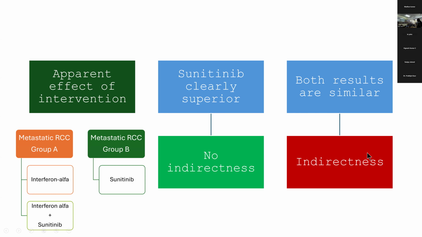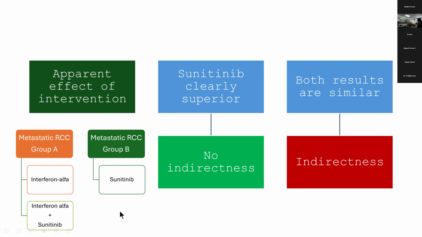Now, another thing to understand is what is the apparent effect of the intervention? Suppose in this group and in this group, you find that the overall effect is the same. Both results are similar, then you must downgrade for indirectness. Why? Because you don't know whether interferon alpha itself contributed to the effect or whether you have added sunitinib and that has contributed to the overall effect.